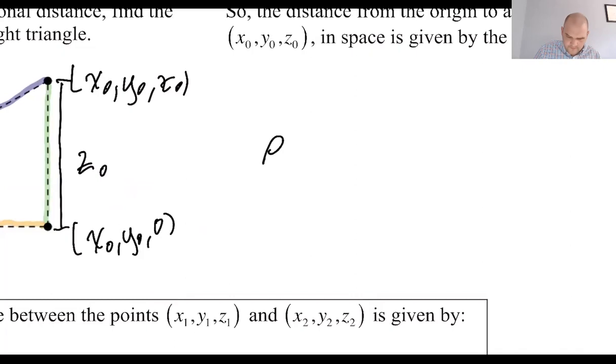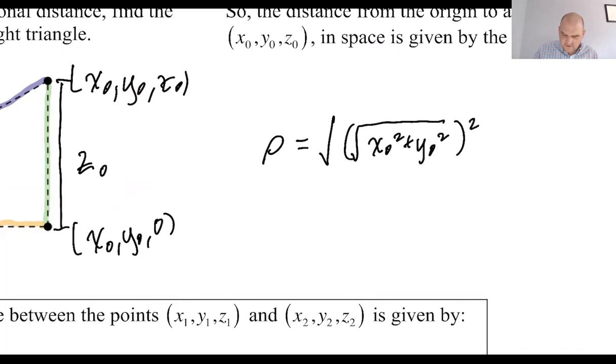Rho is going to be, it's a distance formula, the square root of r, which is the square root of x0 squared plus y0 squared, and then we have to square that plus z0 squared.